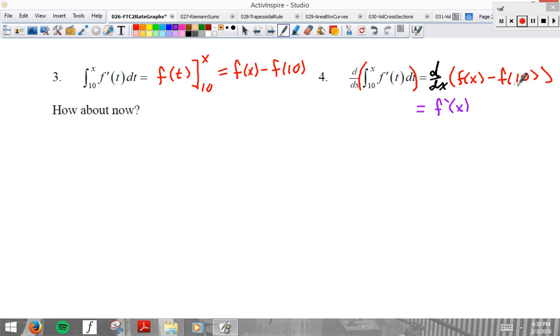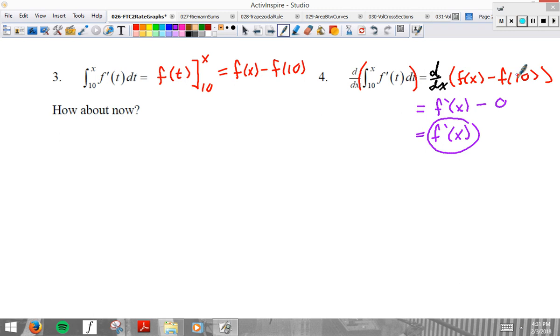And then the derivative of f of 10. F of 10 is just some value. F of 10 is the y-coordinate on the graph of f when x equals 10. So we're taking the derivative of some constant number, which is 0. So we get f prime of x. That's my final answer, which again matches the integrand with just the variable replaced.